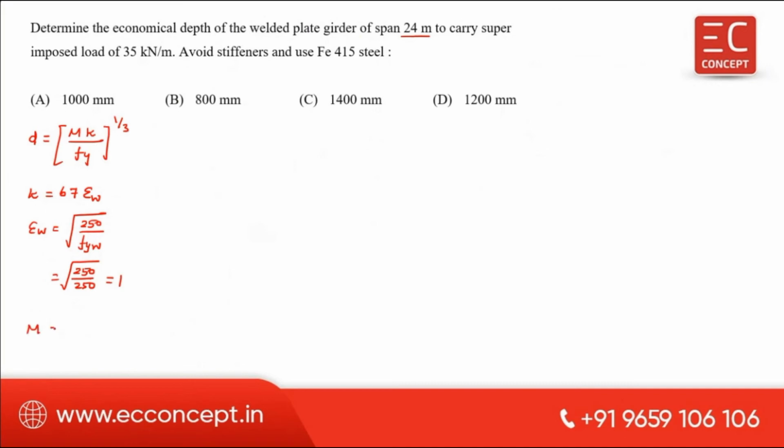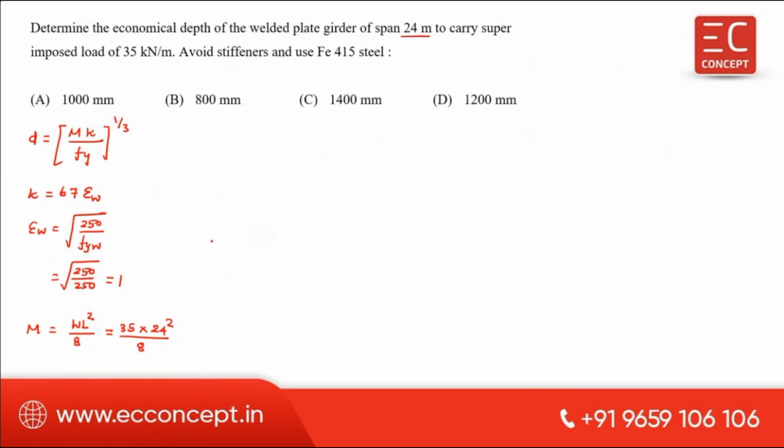Moment is equal to, so this is the simply supported plate girder, generally made up of simply supported. If not mentioned anything about that, then simply take this formula. W is equal to they given 35, into span 24 square divided by 8. So you will get in terms of kilonewton meter, right?